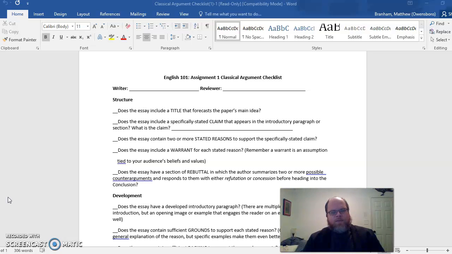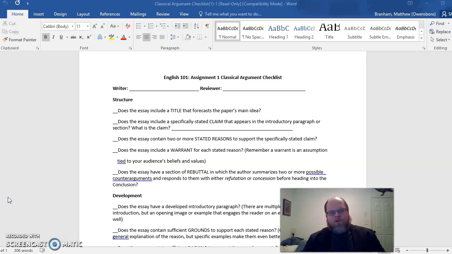Also make sure that your essay includes a specifically stated claim that should appear in the introductory paragraph or the introductory section. So the claim is a specifically stated statement. I should be able to go to your paper and underline it, say that's definitely the claim or the main idea for the essay. Okay, so we have the claim in the introduction.